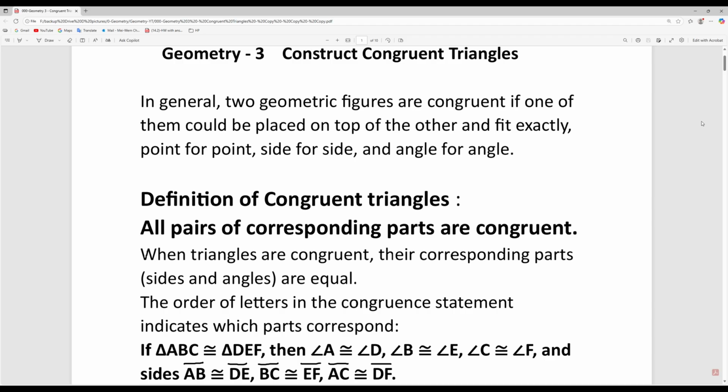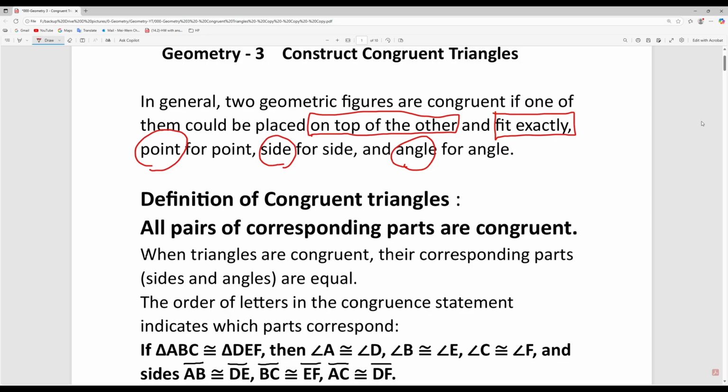Today, I would like to talk about constructing congruent triangles. In general, two geometric figures are congruent if one of them could be placed on top of the other and fit exactly, point for point, side for side, and angle for angle.